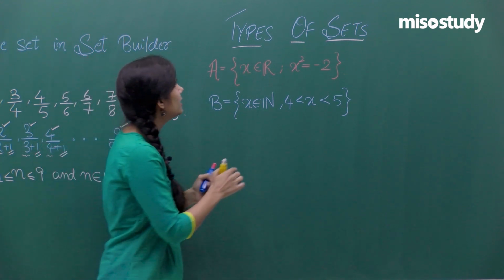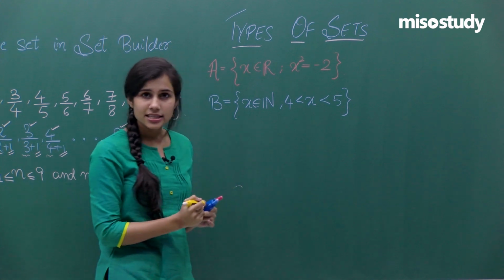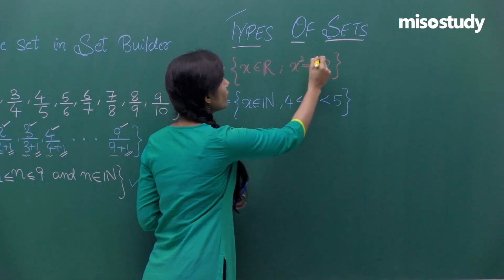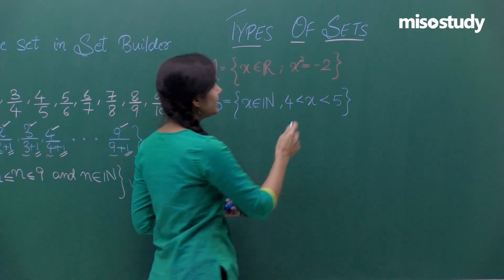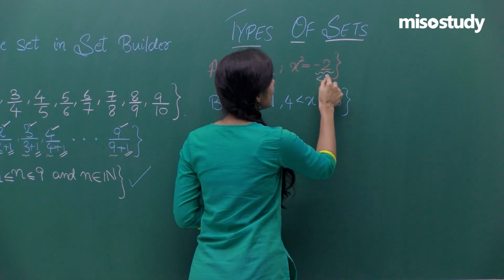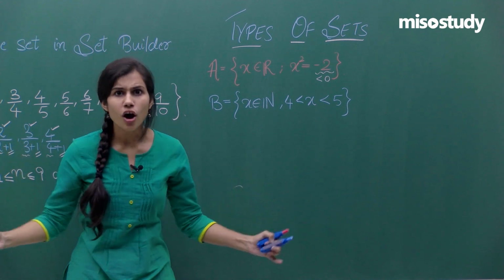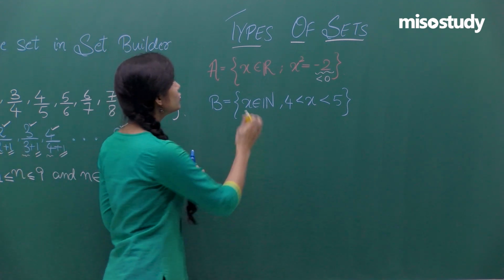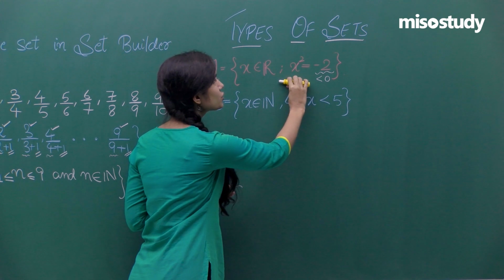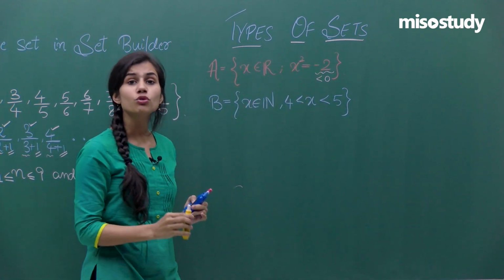But over here, this set A is asking for such x whose square is negative. -2 is less than 0. Well, this is absurdly wrong. This means there is no real number whose square is -2.